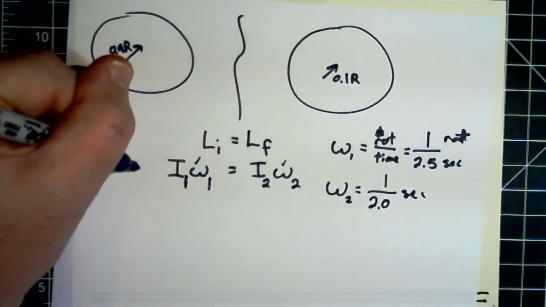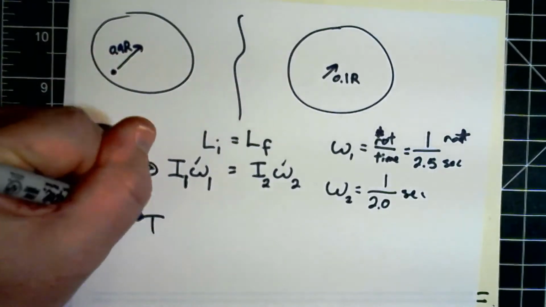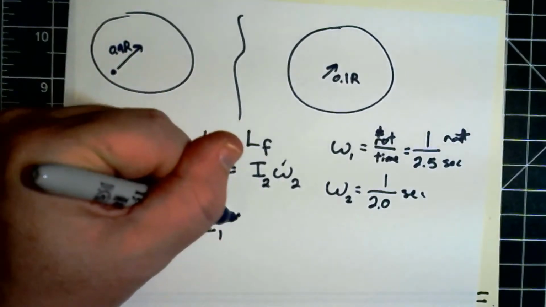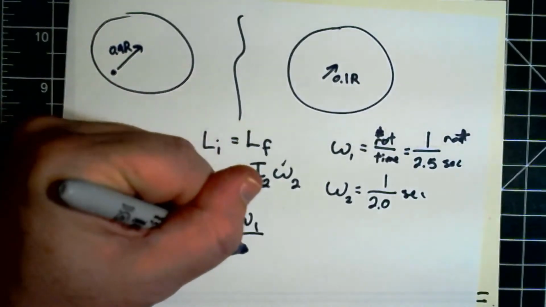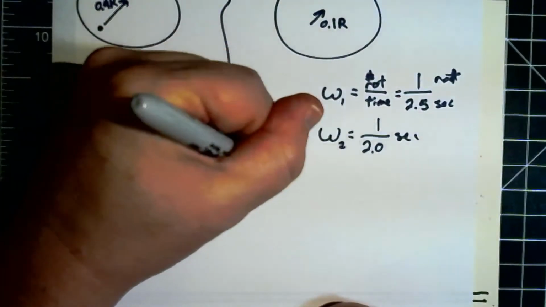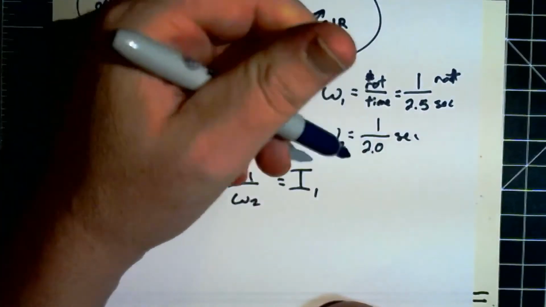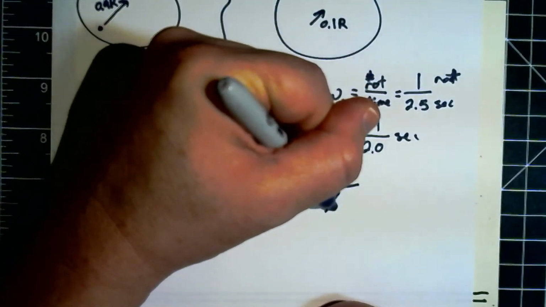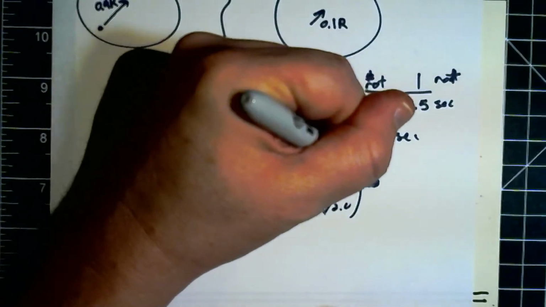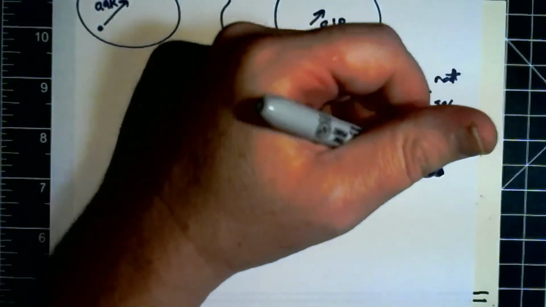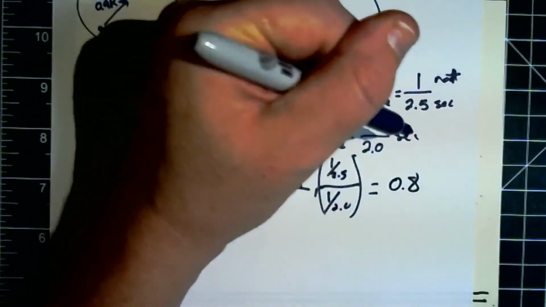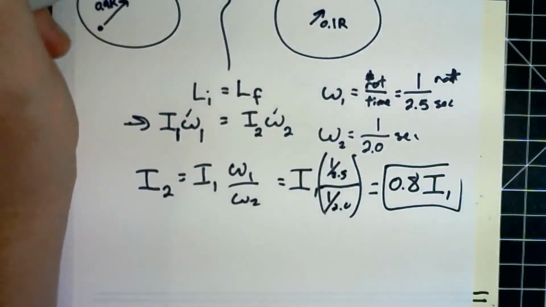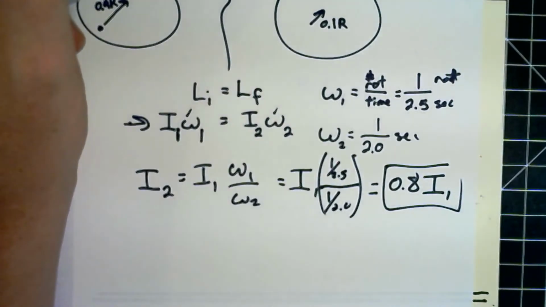So in other words, I need to take this equation and solve for I2, which is going to be I1 times omega 1 divided by omega 2, which will just be I1 times 1 over 2.5 divided by 1 over 2.0. And when you do that calculation, it ends up being 0.8 times I1, or 4/5 of I1.